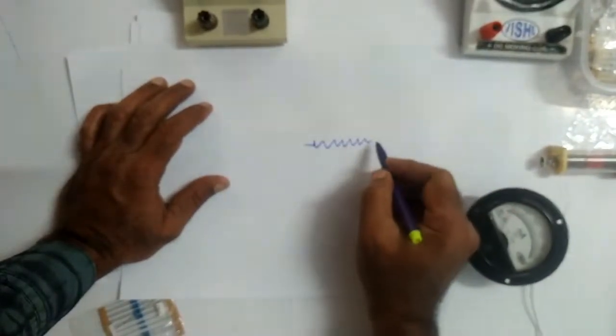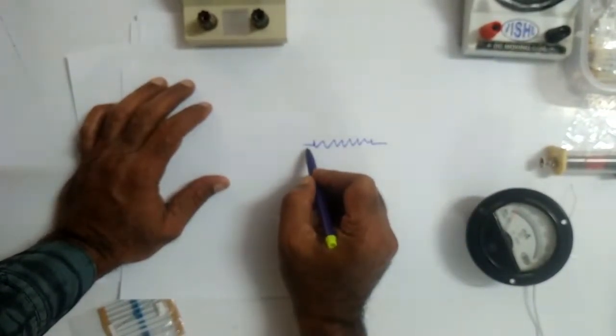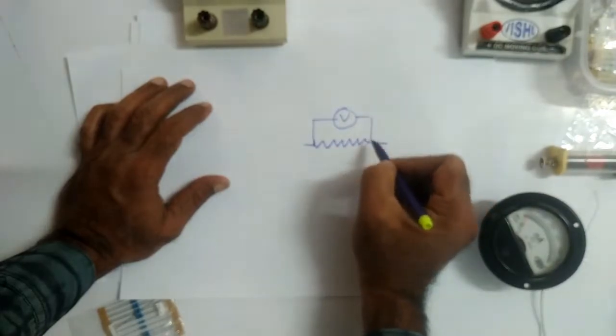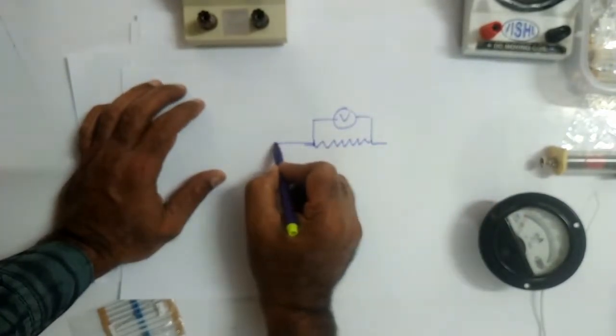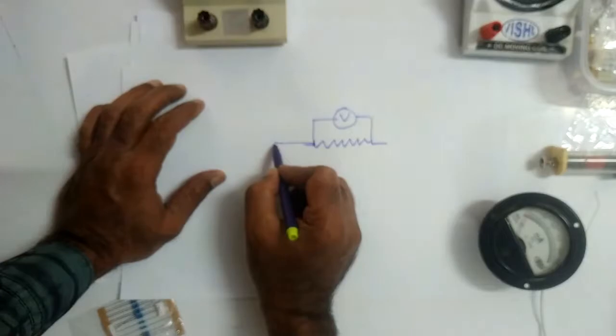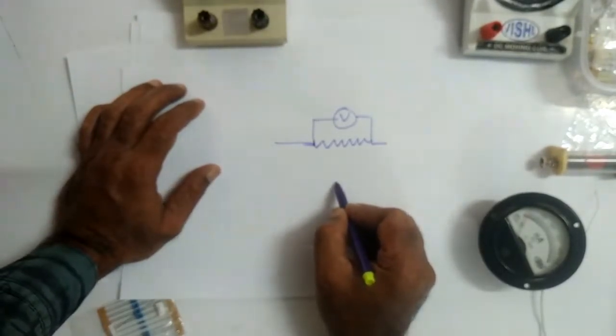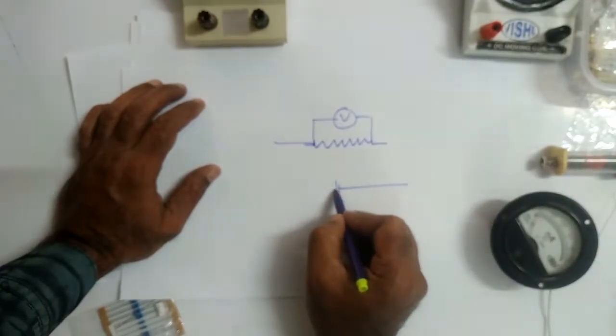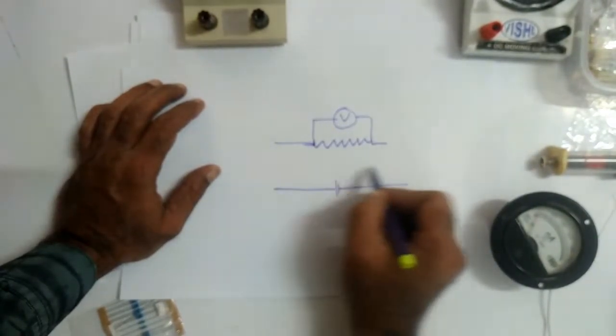Okay, and now suppose you want to find out the voltage, then you have to connect a voltmeter here, right? And then you are supplying some voltage to that conductor.